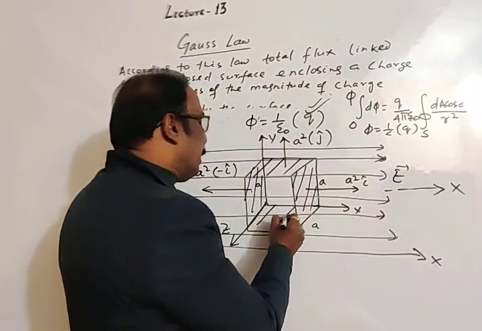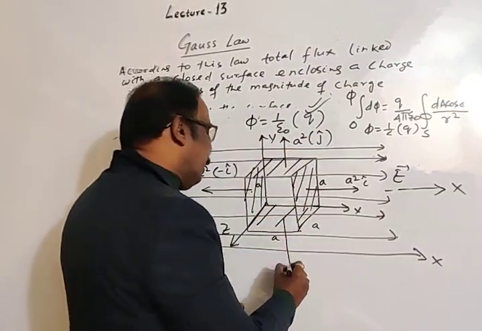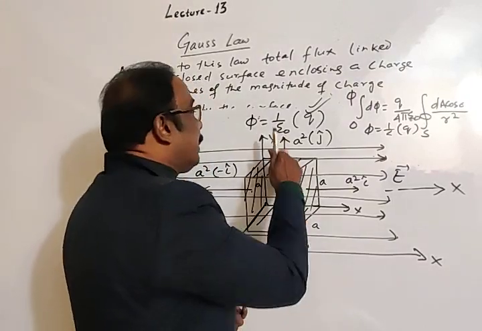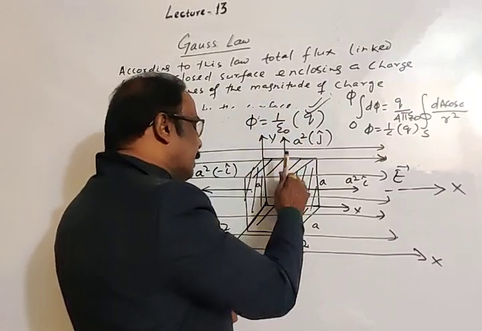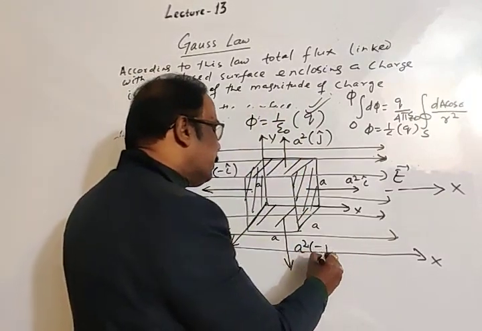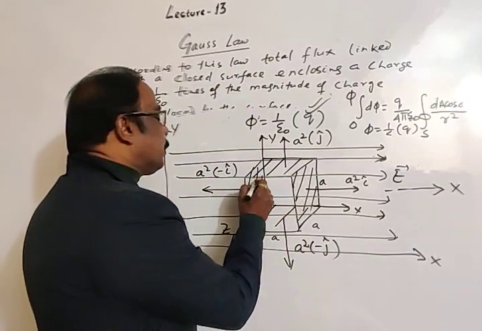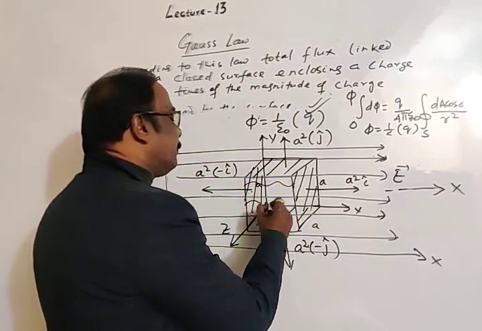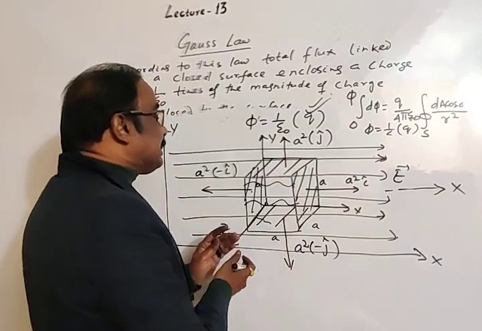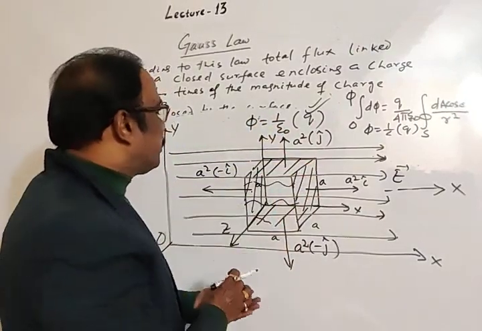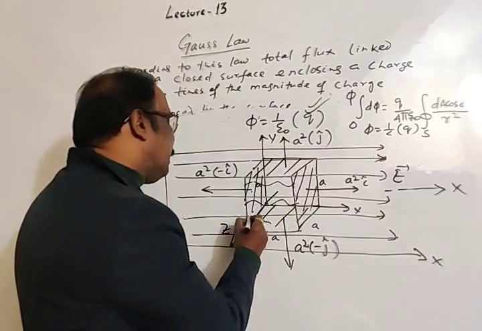j cap. Similarly, the bottom surface area is directed in outward direction. Again, magnitude of area is A square. If this is along positive y-axis, this is along negative y-axis, means minus j cap. Then remaining two surface areas, the front surface area. This surface area is on the xy plane, and its direction will be obviously along z-axis.